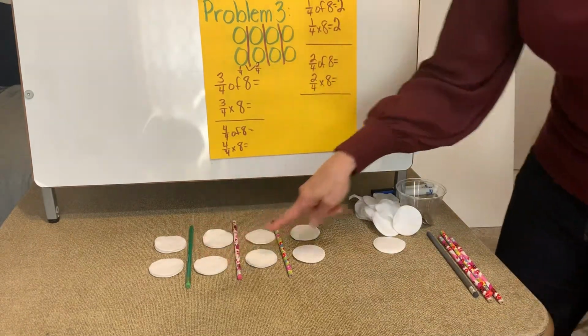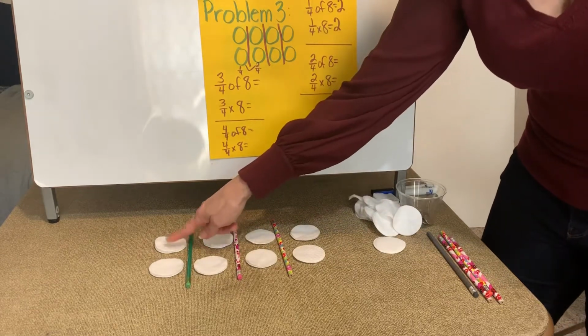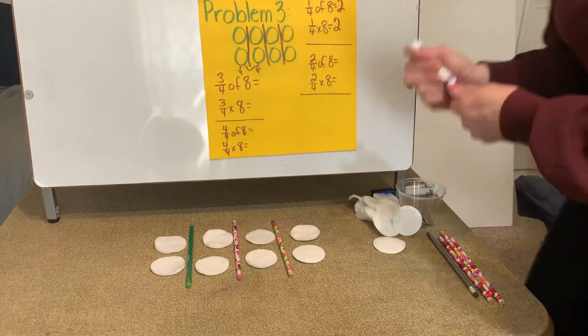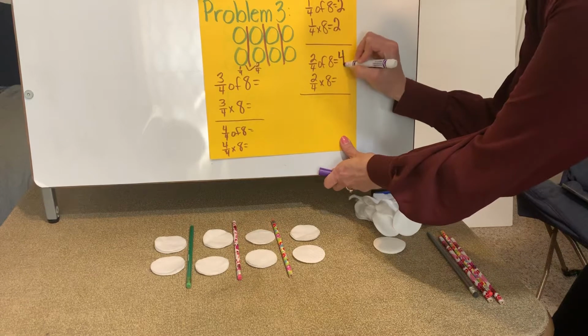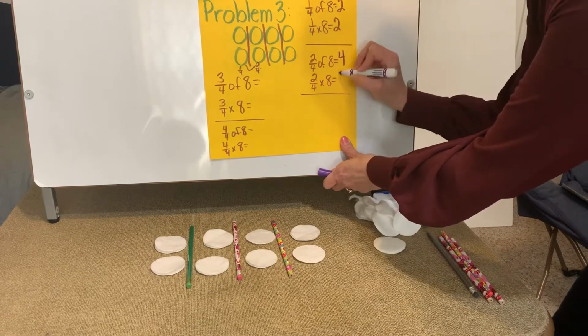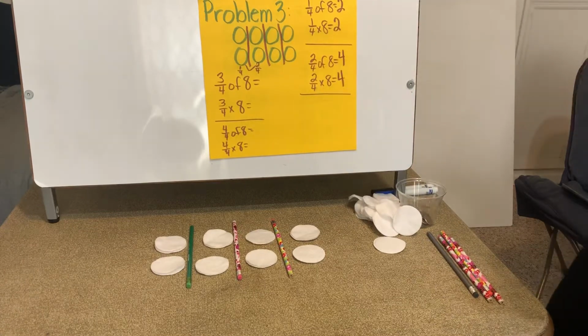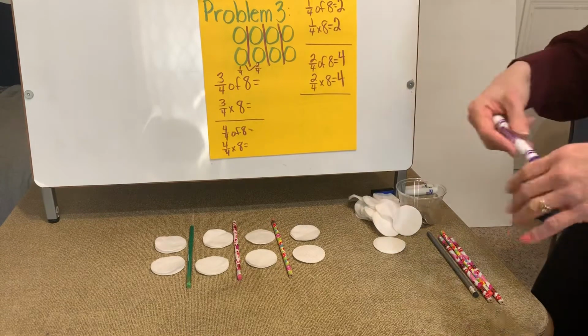So let's take a look down here and make sure we're seeing the same thing with the counters. So we've got 1/4, which is 2, 2/4, which is 4. So 2/4 of 8 is 4. 2/4 times 8 is 4. Well, right away, I knew that half of 8 was 4. So I was just checking to make sure that I was seeing the same thing.